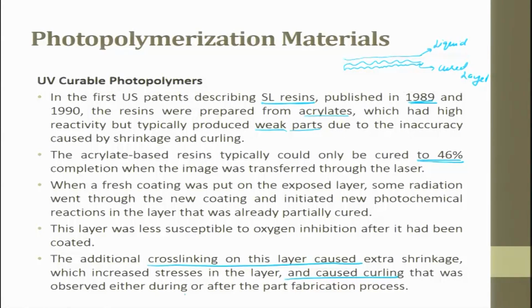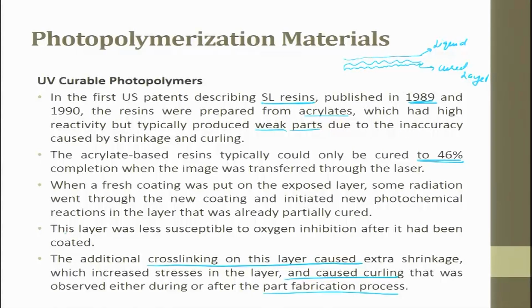That was observed either during or after the part fabrication process. So, once it is done, over a period of time, the polymer starts curing. When it starts curing, it creates curling or warping and then delamination between the layers.